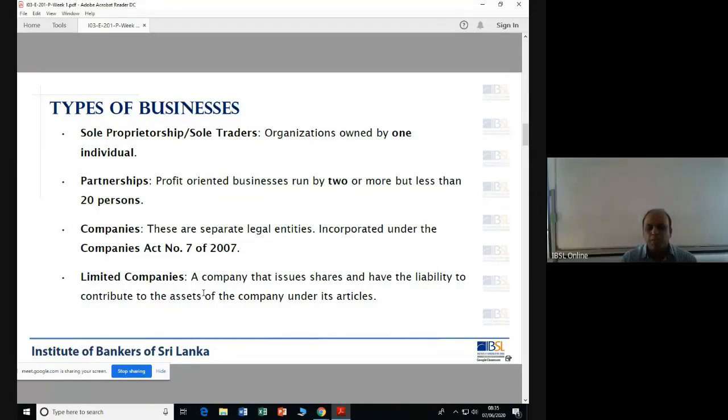I am putting money into this business, so when they make a profit, they will give a portion of it to me. That is my return, compared to the interest that you got from an FD investment. So now the money that I have given to the company is, in other words, called the capital.